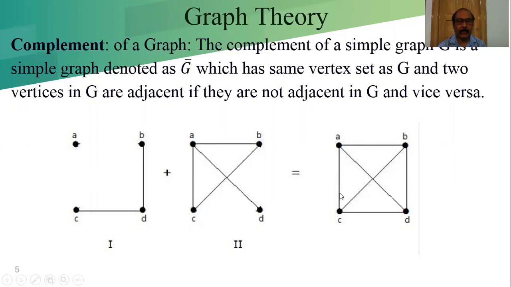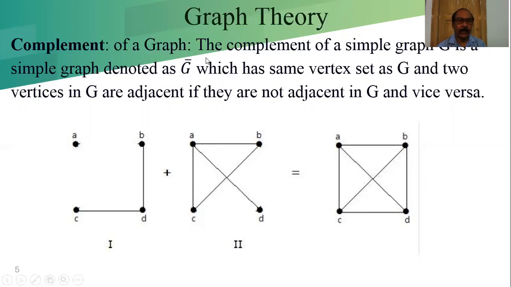Complete graph means every pair of vertices has an edge. In this case, G1 is the complement of G2, or G2 is the complement of G1, and combining them we get a complete graph. This is the complete graph on 4 vertices.